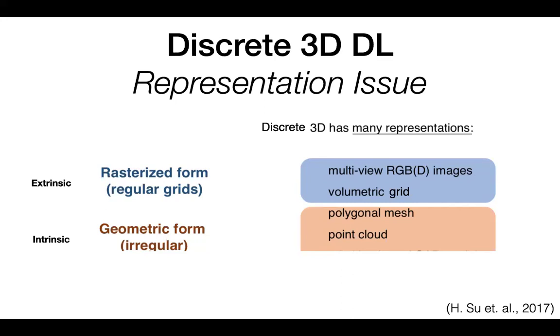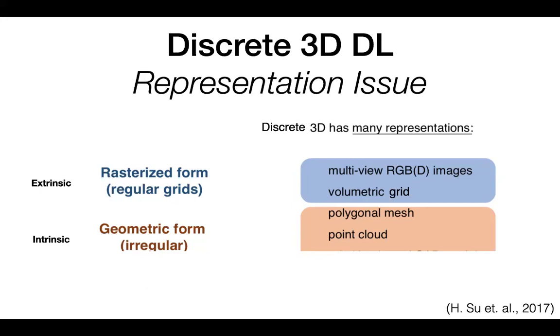So usually the extrinsic representations come in the form of regular grids. And the intrinsic representations exploit the geometry because they are intrinsic, and they are irregular. So the extrinsic are representations that are related to images and related to grids. So we have RGB images, RGBD images, multi-view RGB images.